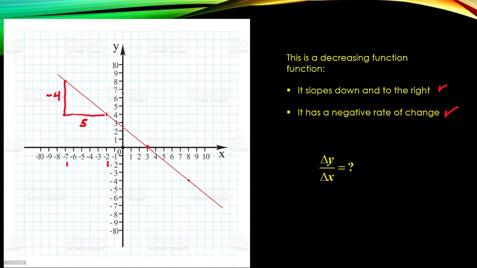So our slope is going to be negative 4 over 5. Remember, we could have drawn the slope triangle differently and got 4 over negative 5. It makes no difference. At the end of the day, it's just going to be negative 4 over 5.